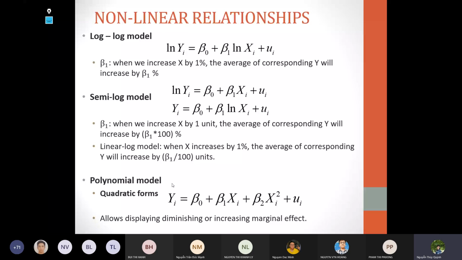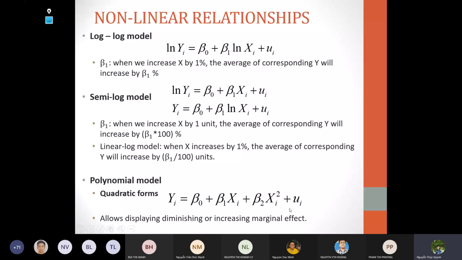For example, here we have y as a quadratic function of x, where yi is explained not only by x, but also by the square of x. We have yi equals beta 0 plus beta 1 times x plus beta 2 times x squared plus ui. This model has two independent variables, which are x and the square of x.